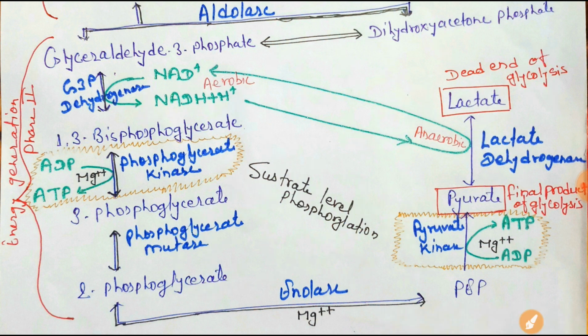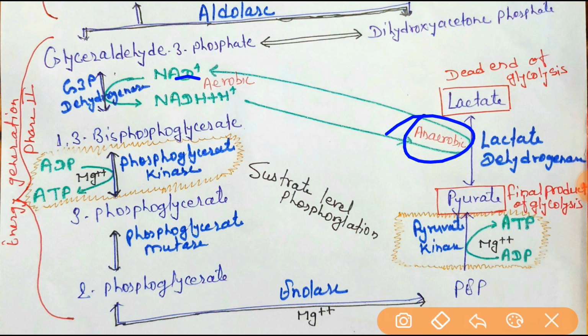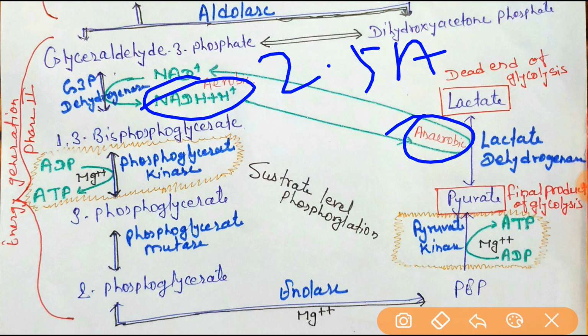In case of anaerobic respiration, this NADH plus H plus is utilized in the anaerobic respiration. So in anaerobic glycolysis this 2.5 ATP is lost.